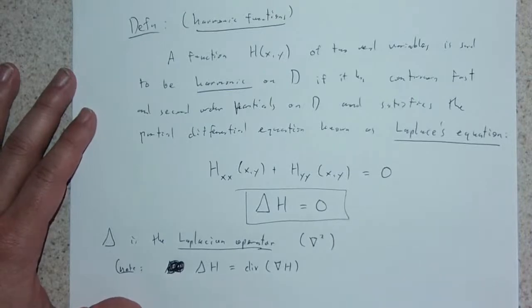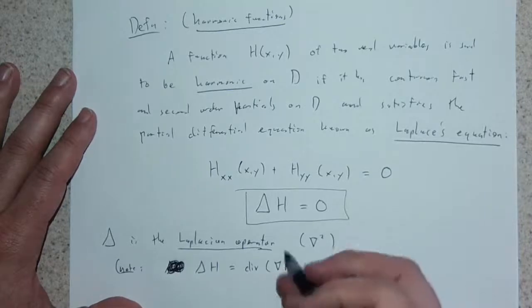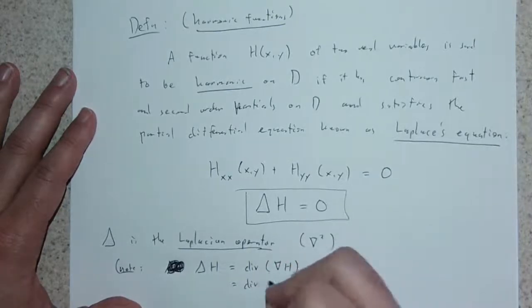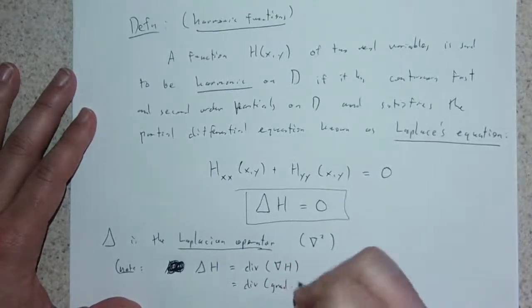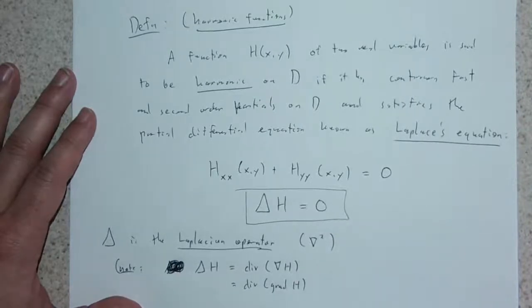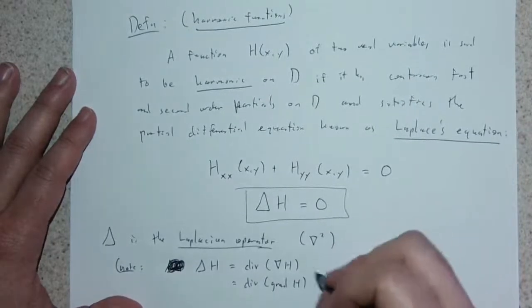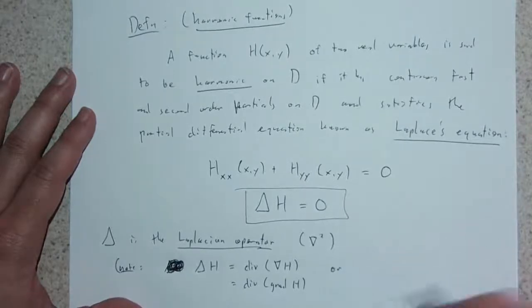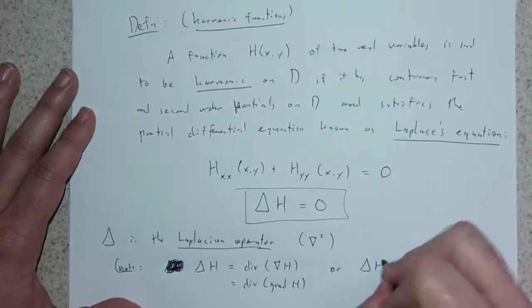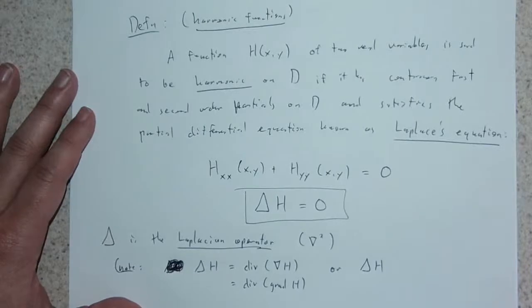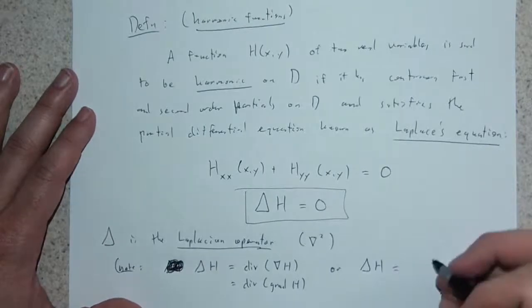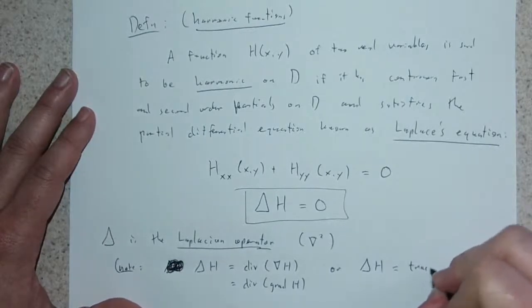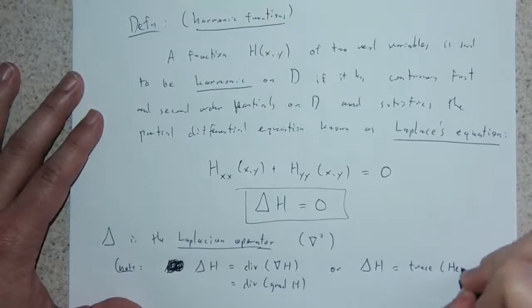So Laplacian of h is the divergence of the gradient of h. Okay. Another way of looking at this is that Laplacian of h is equal to the trace of the Hessian matrix of h.